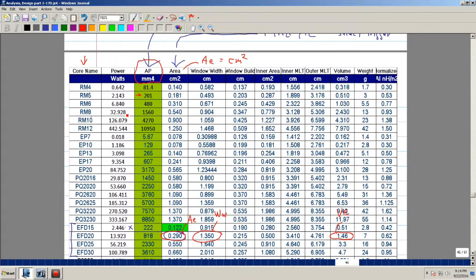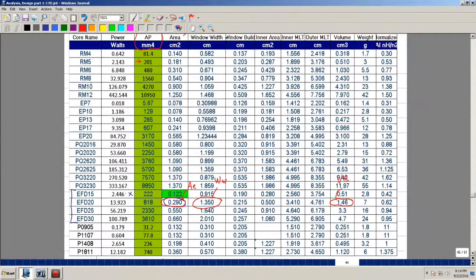Now in my example, I'm selecting an EFD20, and I need 3 pieces of information.